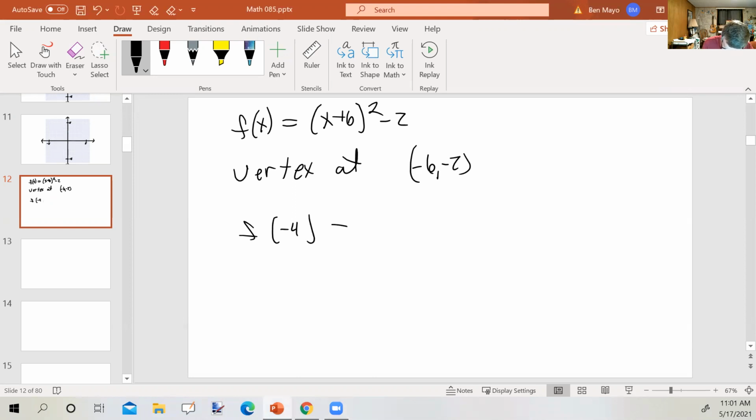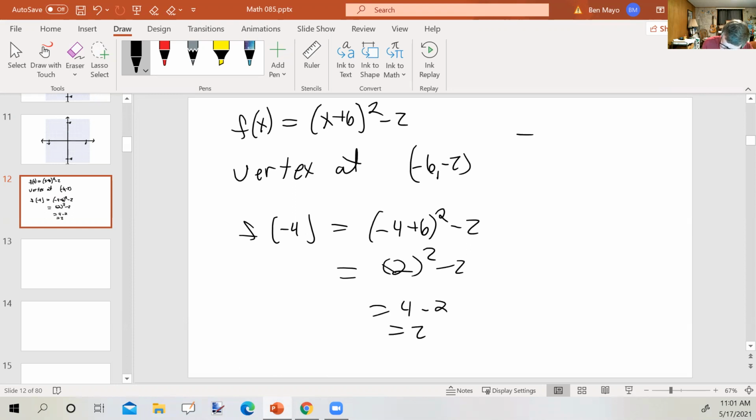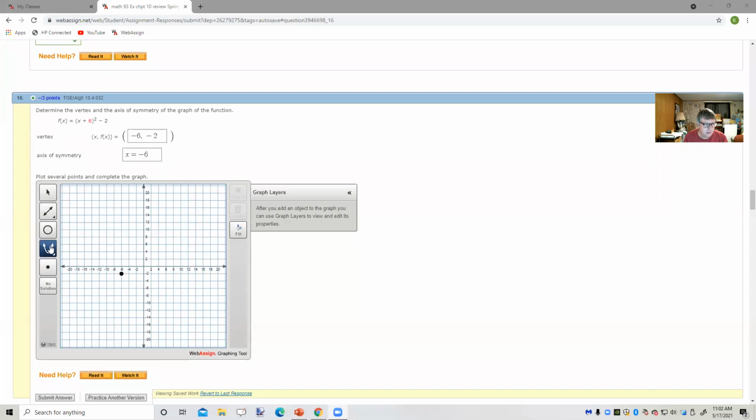F of -4 would be -4 plus 6, the quantity squared, minus 2, which is 2 squared minus 2, which is 4 minus 2, which is 2. So -4, 2 should be another point on the graph. Let's see if it is. Oops, I got rid of my first point.